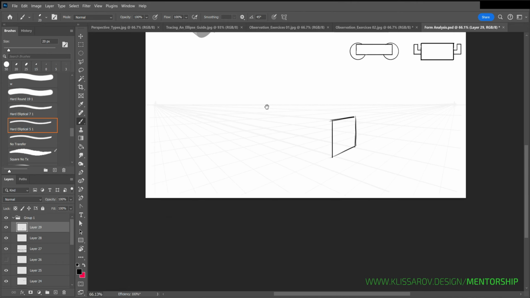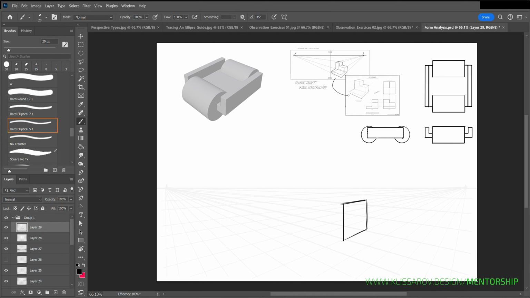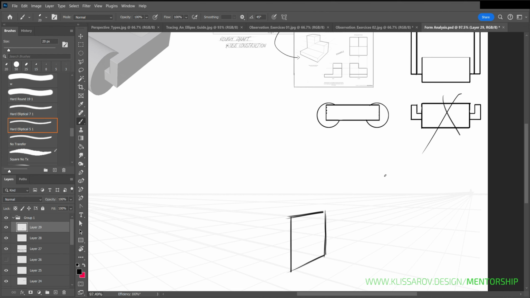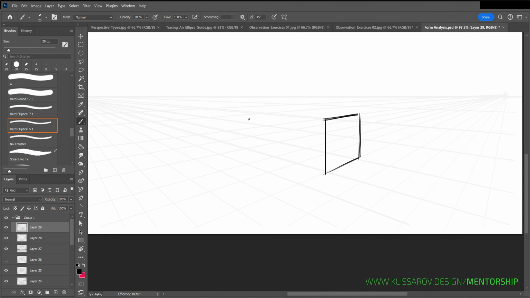Then I need to analyze how far this cylinder goes back. So I need to look at what I have done here previously, and following the perspective I have done, I can visually position more or less where this overall casing should be.